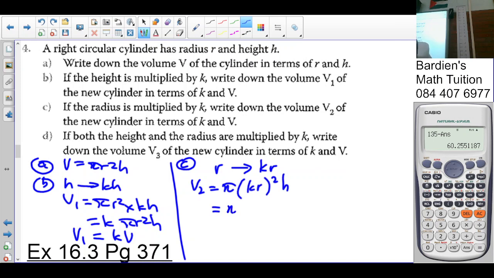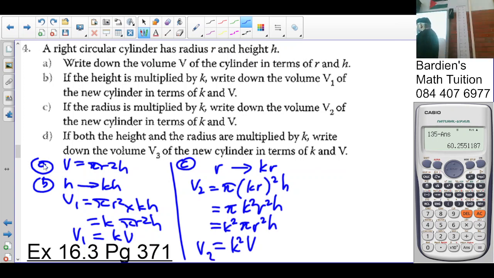So that's going to be pi k squared r squared h, which is then k squared pi r squared h, which will give you k squared V. Why? Because the radius is being squared here. That is why it's k squared.